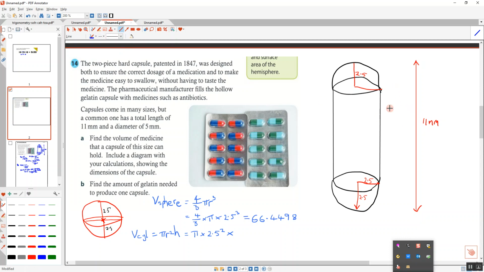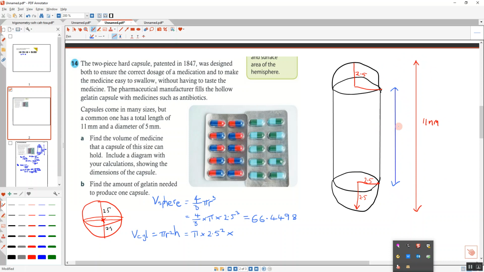The height of the cylinder is from here down. If this part is 2.5 and this part is 2.5, I need to subtract them from the total height of 11.